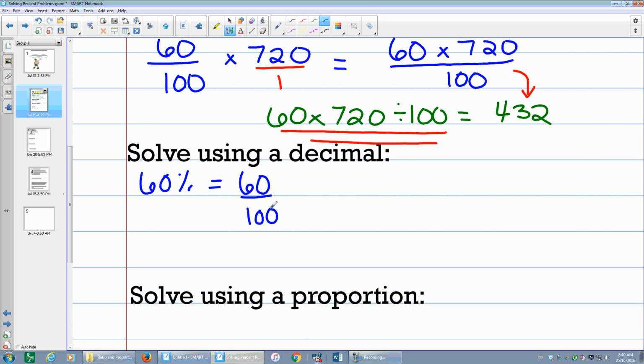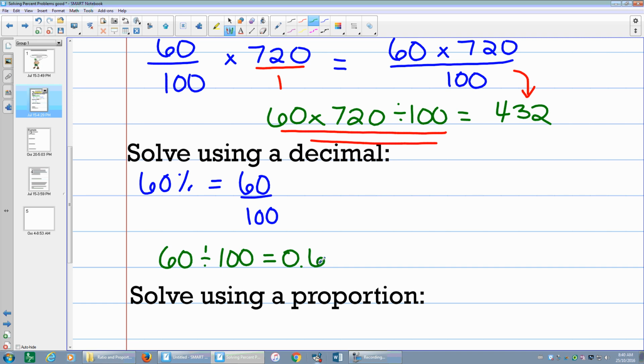We know that if we have a fraction, I can get that into a decimal by dividing. So again, I'm going to put what you should put in your calculator. You don't have to write this stuff out. Inside your calculator, you'll put 60 divided by 100, and then you'll hit your equal sign. And we should get here, 60 divided by 100 gives me 0.6.